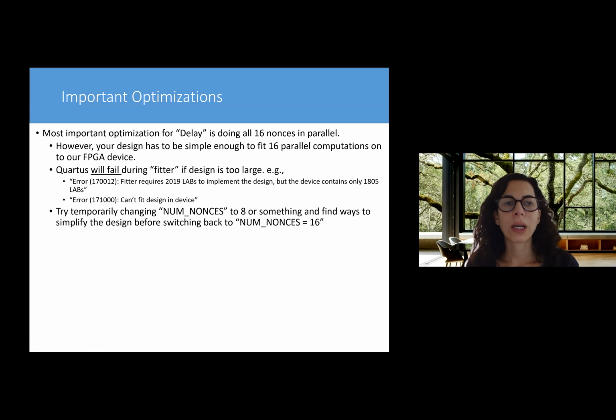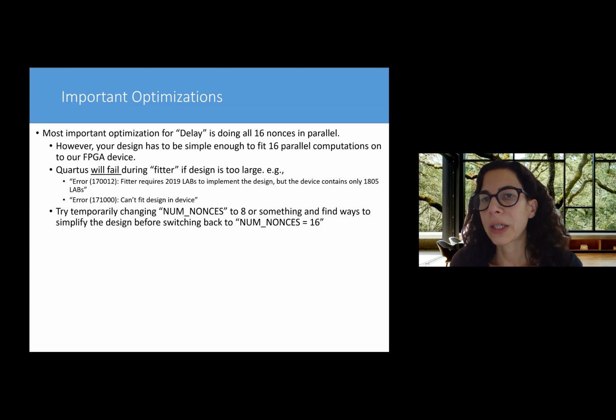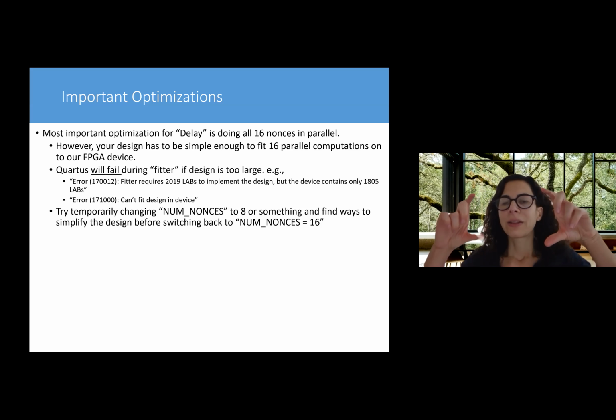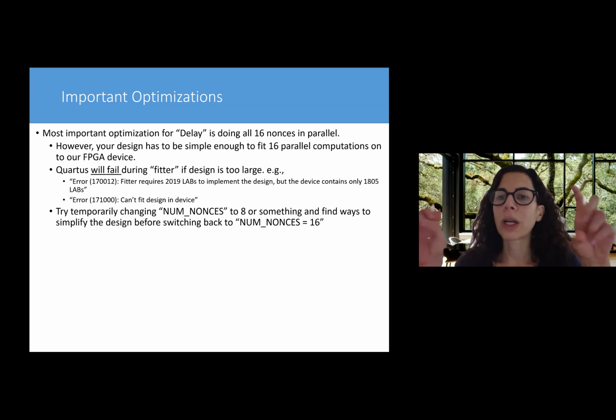Okay, so the delay optimization that we are doing for the sequential case is basically trying to pre-compute some of the WTs and pipeline them. But for the parallel case, we want to make sure that we can compute these 16 nonces in parallel. The caveat here is making sure that your design is small enough that you can fit 16 of them to run in parallel.